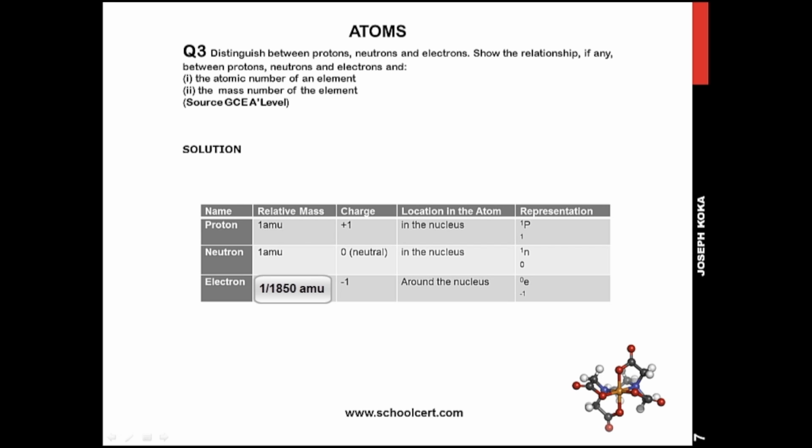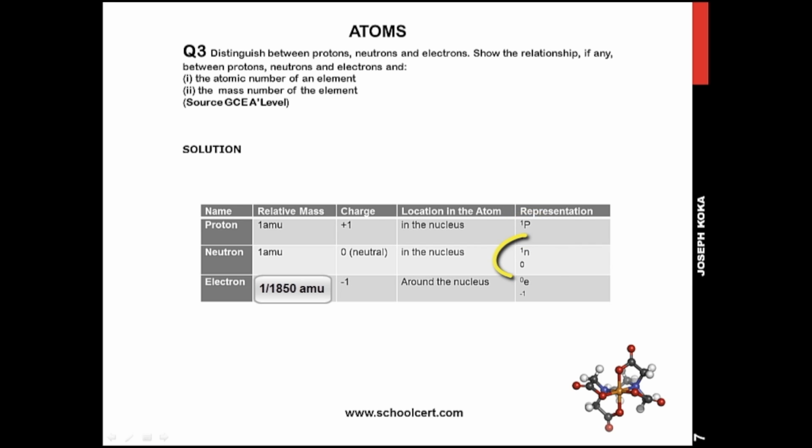Representation: proton, as indicated, P, has mass number of 1, which is the number up, otherwise the superscript, and atomic number 1, which is down, that is the subscript.